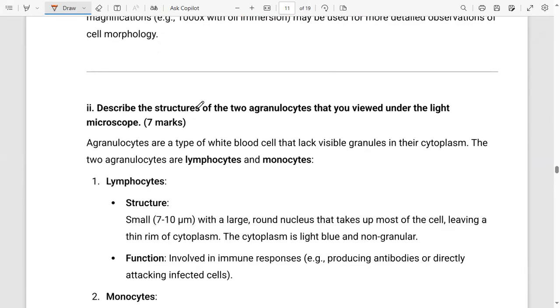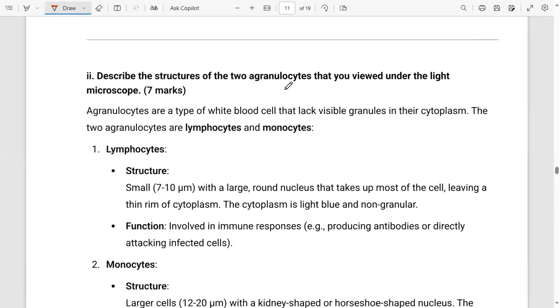Then question 2: describe the structures of the two granulocytes that you viewed under the light microscope. Granulocytes are a type of white blood cell that lack visible granules. Granules are like particles that you see in a cell, something like this.